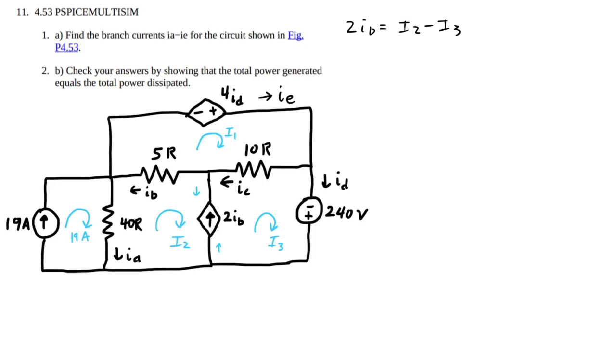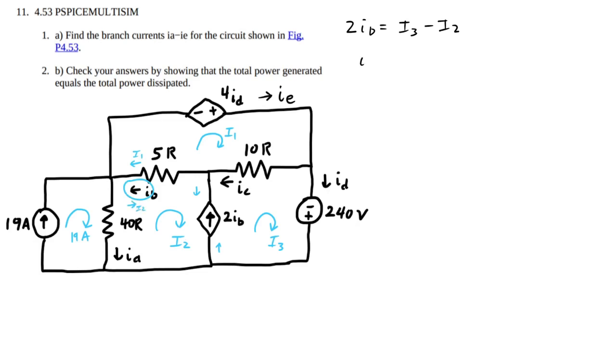Oh, is that right? I'm sorry. 2IB, the arrow's going that way, arrow's going that way. So it's going to be I3 minus I2. Now what is IB though? Well, IB is going this direction, or is it right here? We have I1 going this direction, and I2 going this direction.